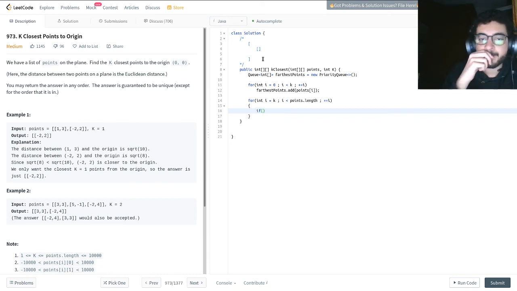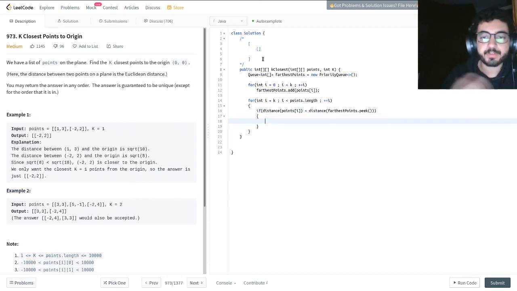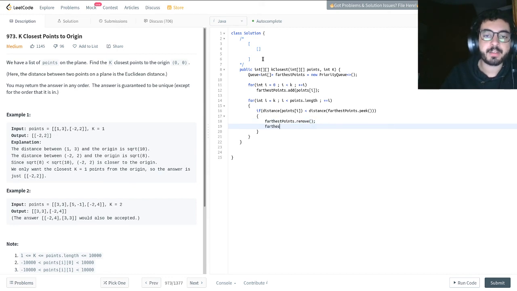So if distance of points of i is less than distance of farthest points dot peek, if so, just remove farthest points dot peek, which is just remove, and farthest points dot add the point of i. Sorry, points, and here it's point. Yeah, okay.